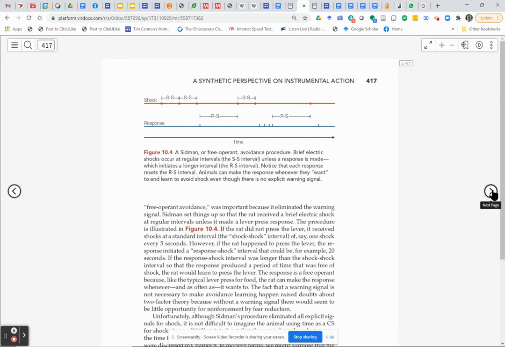That's the response-shock interval. Typically, though not always, the response-shock interval is much longer than the shock interval. So the animal gets one big window of no shocks, but then it comes out of the response-shock interval and gets a shock, and then it starts getting the picture and does better.